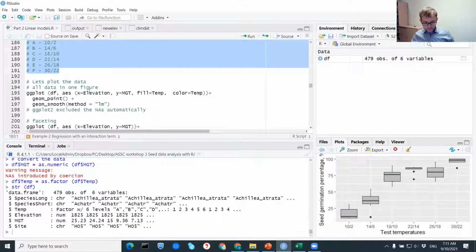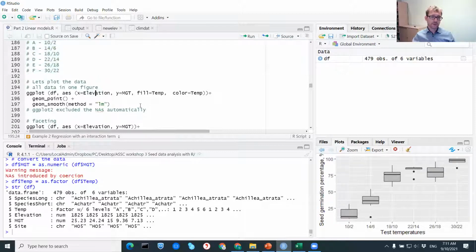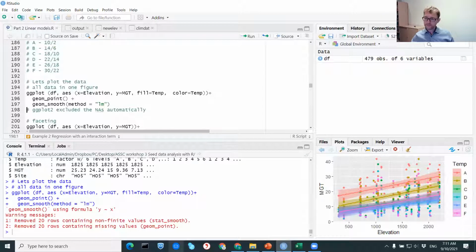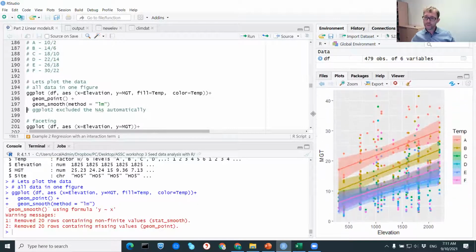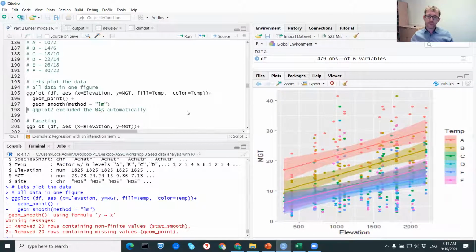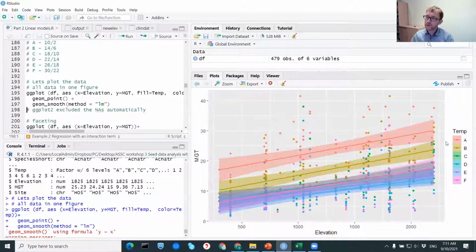Of course, before we move to the data analysis, we plot our data, and there are a few ways how to do it. For example, here I plot the relationship between elevation and germination speed, mean germination time, for every temperature separately.